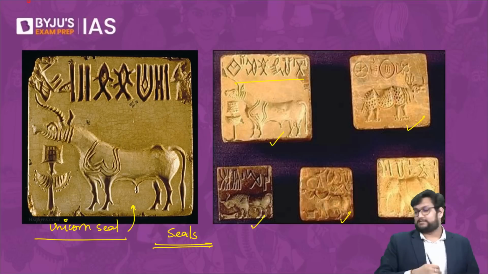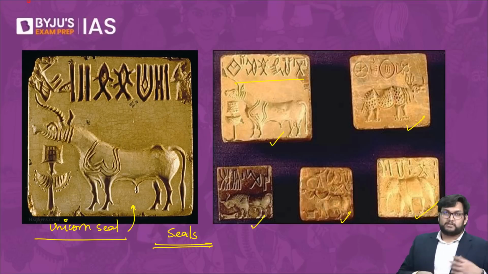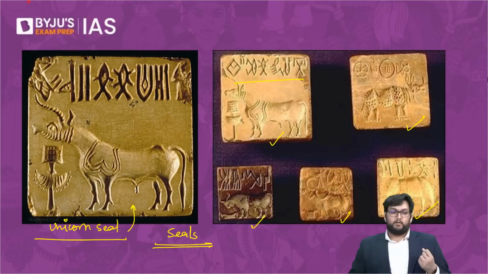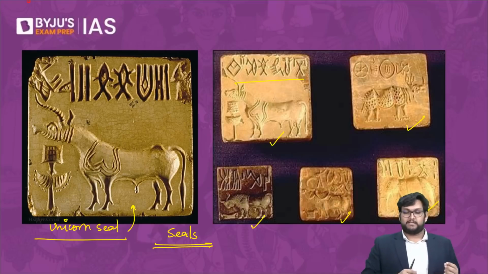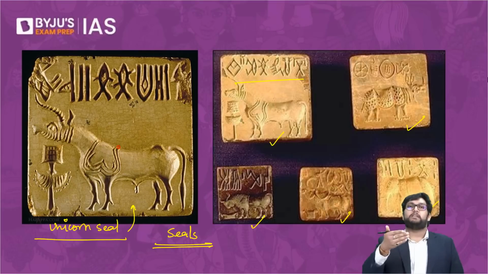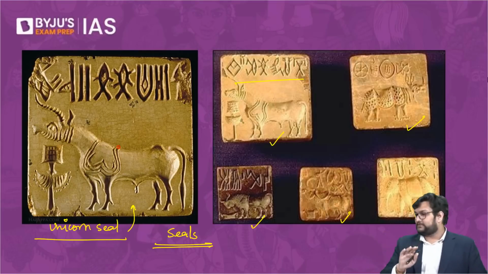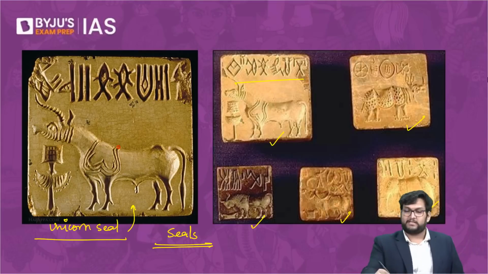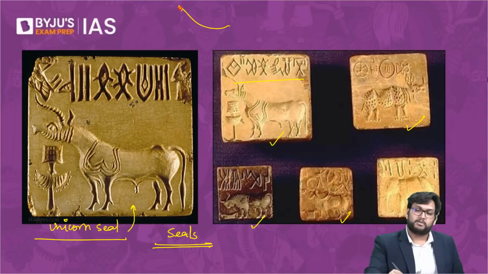Now the question is, does a unicorn exist? No. Why is it that we can only see one horn? Most probably, firstly, this is not a horse. Second thing, it is a 2D image sideways. But what they did was that they superimposed the horns on each other. Something like this.